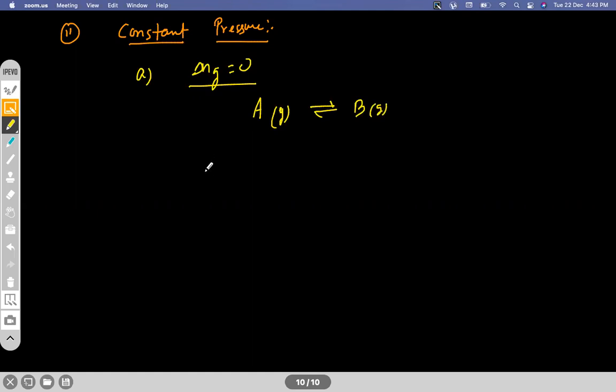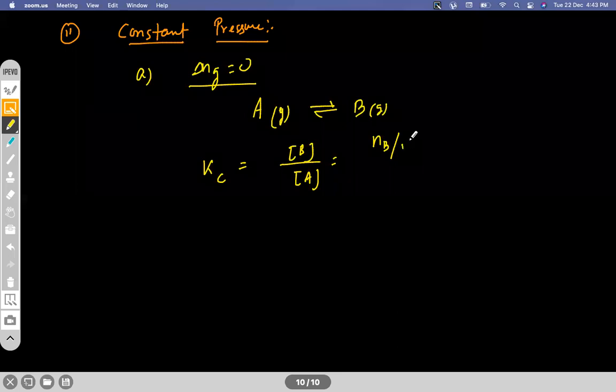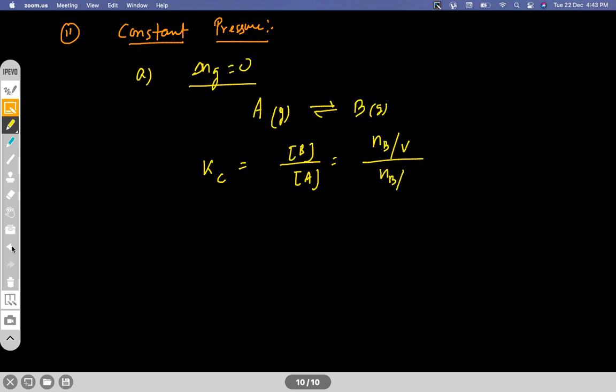So here, if I write down Kc, that is the concentration of B by concentration of A. That is the number of moles of B by volume and number of moles of A by volume. Volume gets cancelled, nB by nA. So you see here, this equilibrium constant is independent of volume. Pressure is already constant and volume is not changing.